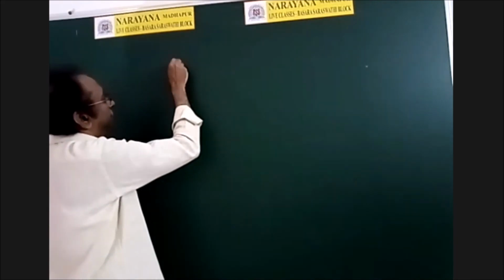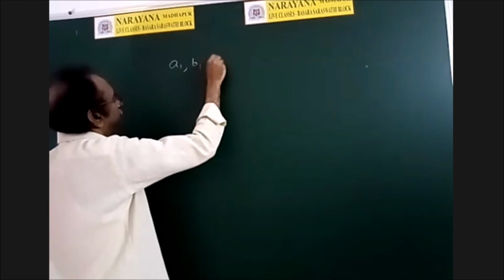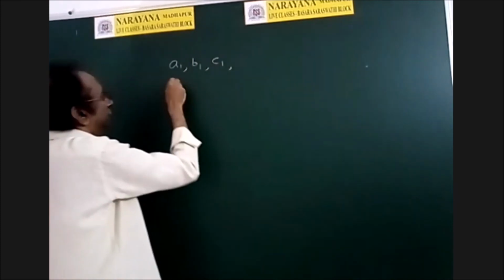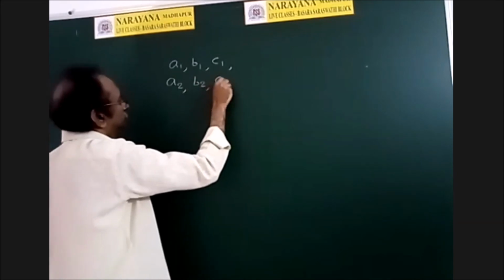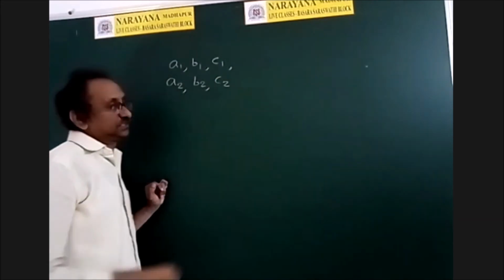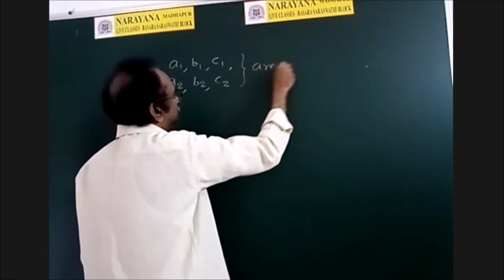Right, see, I want to give you a formula. Suppose A1, B1, C1 and A2, B2, C2 are 6 numbers.